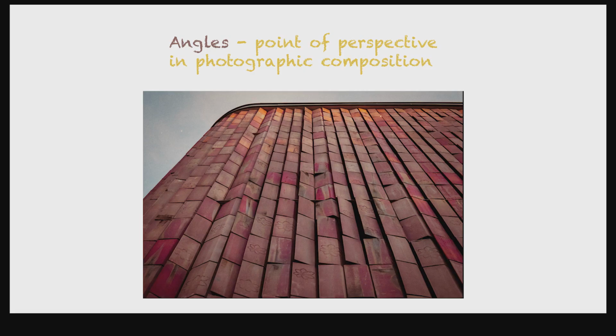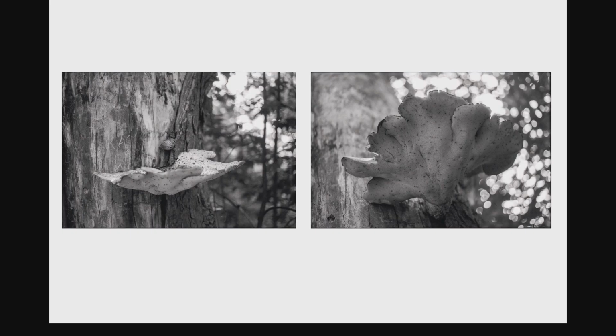Let's take a look at angles in photography. Angles are basically points of perspective, the position from which we are actually taking the picture. In this example here, I've got 2 images taken from 2 different perspectives, and they're both taken of the same scene. The picture on the left has been taken from an eye level vantage point, whereas the picture on the right was taken from a position that was looking up towards the object that I was photographing.